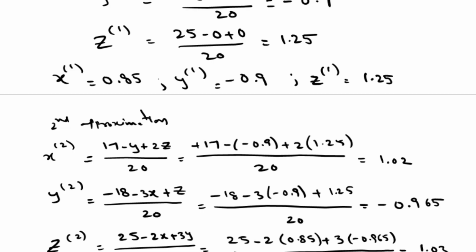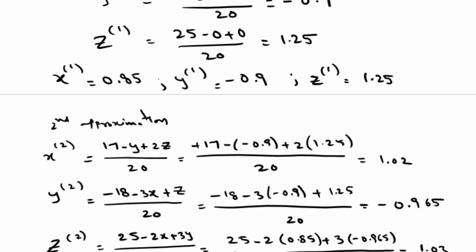Here also the value of x and z in the first iteration we will substitute to obtain y in the second iteration. Now the corresponding value is minus 0.965.